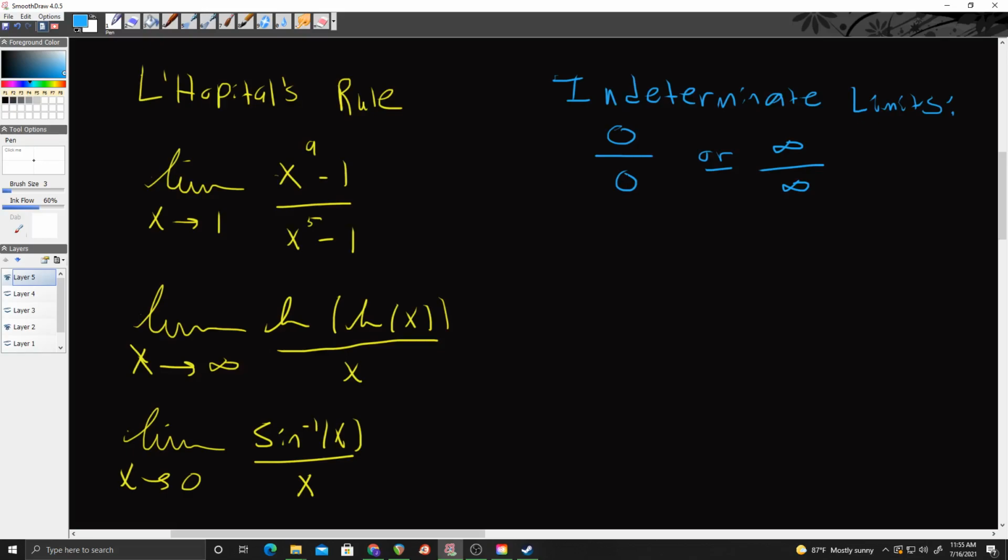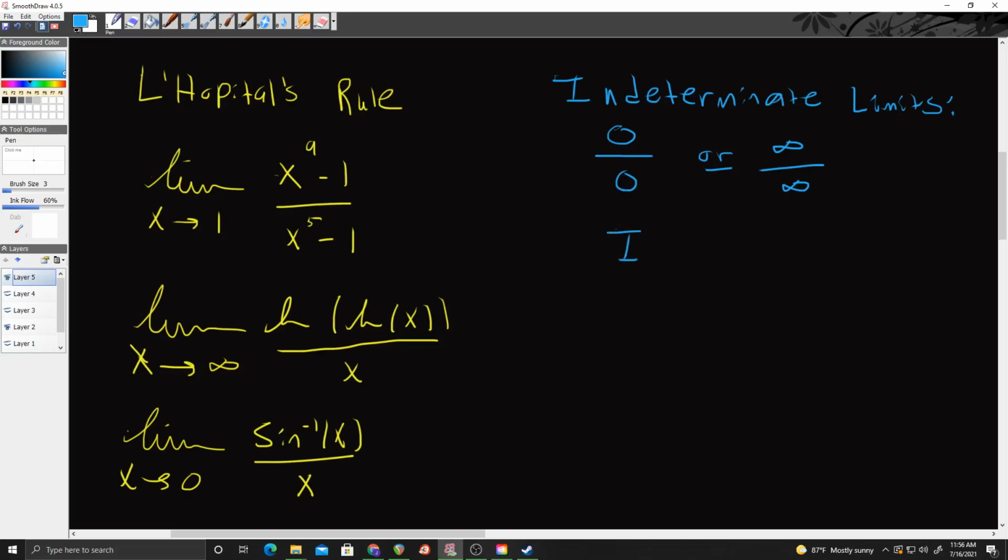We could have a proportionality thing where maybe the top and bottom are off by a factor of 2 or a factor of 1/3 or a factor of 2 over pi or something like that. And then of course if the bottom is approaching 0 way faster than the top, then we could get an infinite result. So the way that we deal with this, like I was saying, we're comparing the rate of the top and the rate of the bottom.